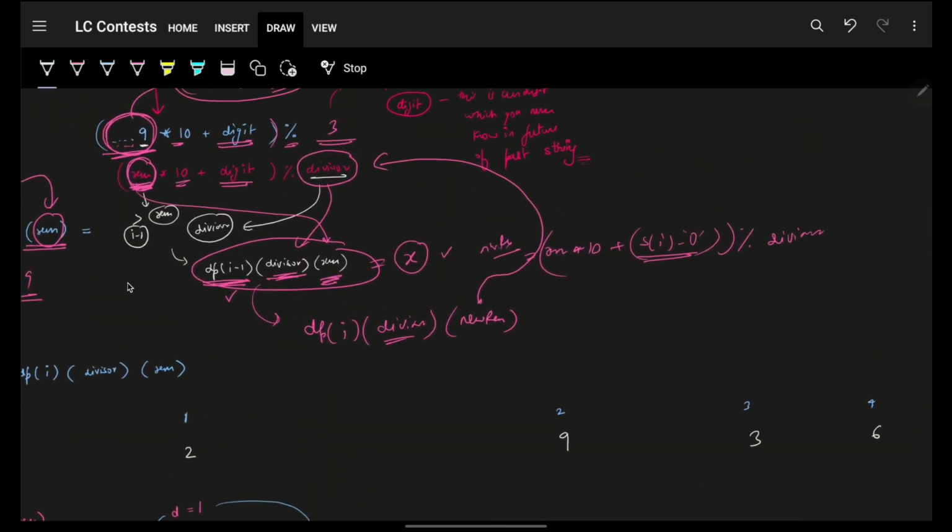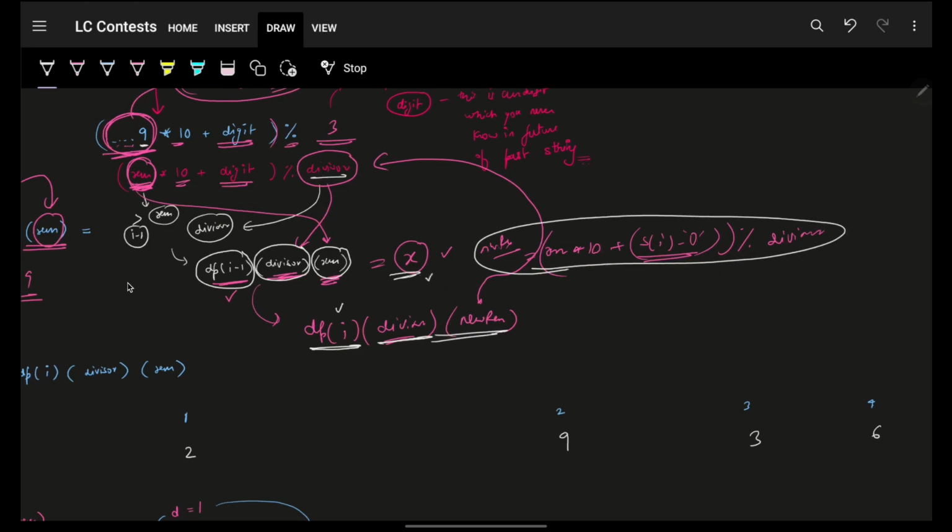So what happened here? The number of substrings ending at index I minus 1 with this remainder with this divisor is x. If I extend it by one more, then the number of substrings ending at index I with the same divisor, but obviously with a new remainder, will again be x.